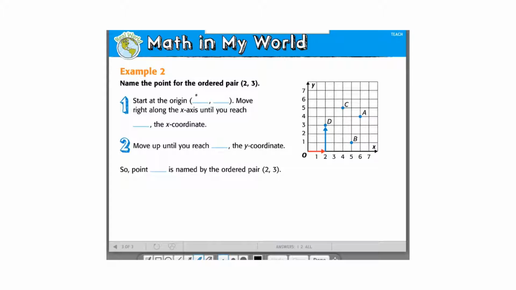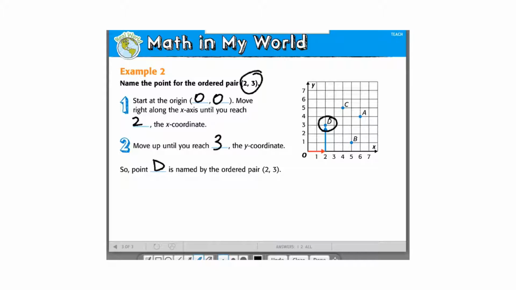So we start at the origin, 0, 0. We move along the right axis until we reach 2, because 2, 3 is our coordinate we're looking for. Then we move up until we reach the 3. So it looks like the point D would be the one that's named by the ordered pair 2, 3.